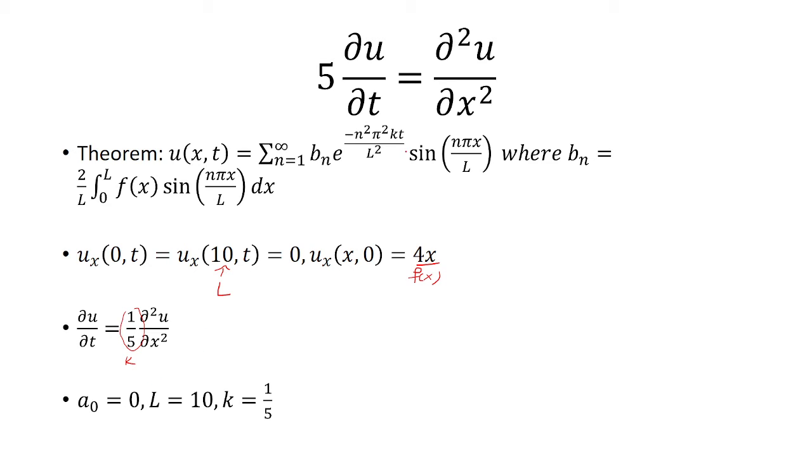And because at time 0 it's 0, a_0 is going to be 0. Usually you have a_0 over 2 plus, but the theorem says that because this is over the interval 0 to 10, and at both endpoints it's 0, this thing is just going to be 0, so the formula doesn't include it.